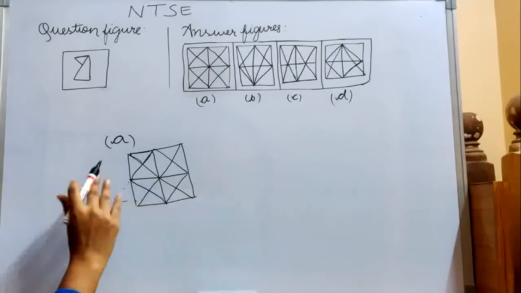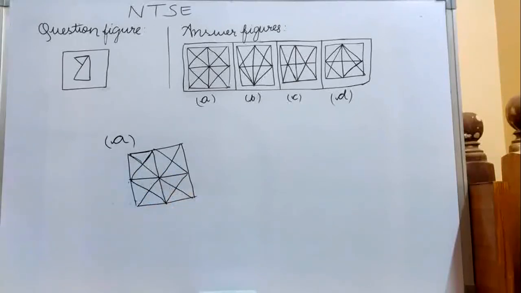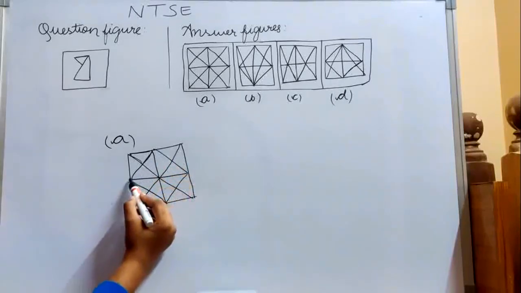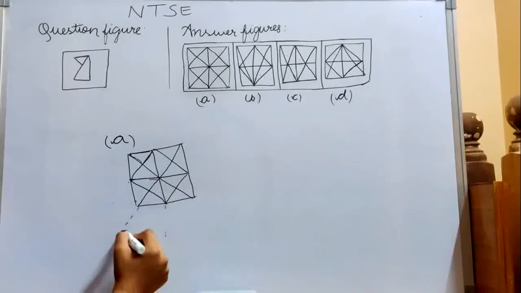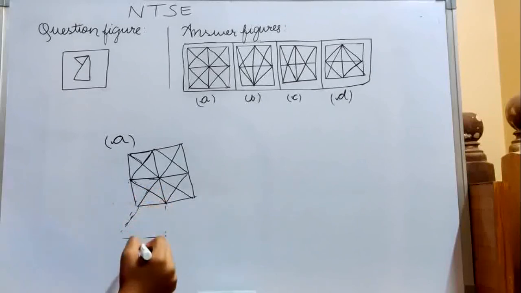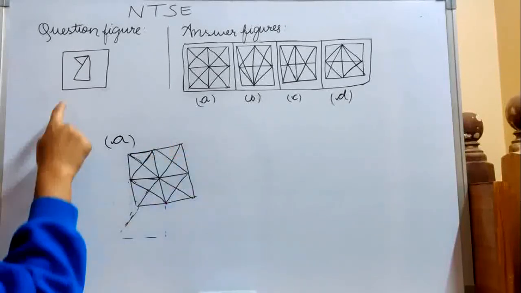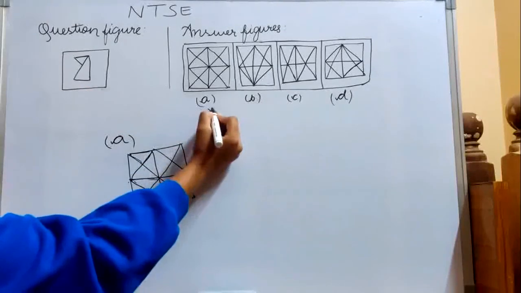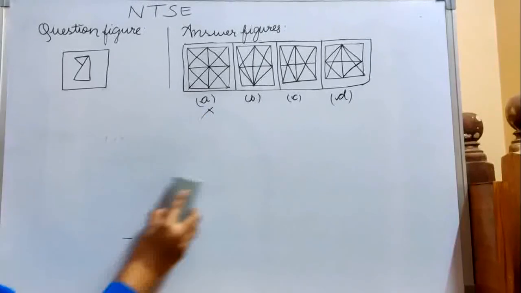It looks like the larger triangle is there, but then it's actually small, if you can see. So let us try in any other position now. Somewhere here you have the, no, you don't have it here also. Here also the larger triangle is not there, the smaller triangle is there. So you can't embed this whole thing into the option. So option A is wrong. I may have drawn it a little badly, but option A is wrong.